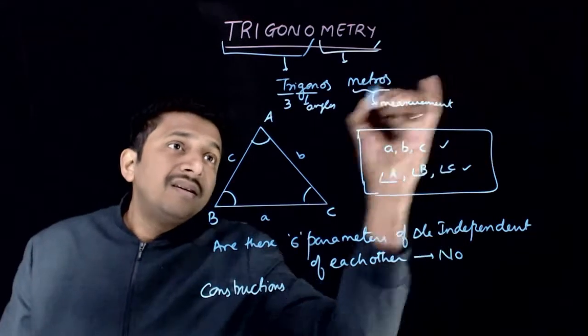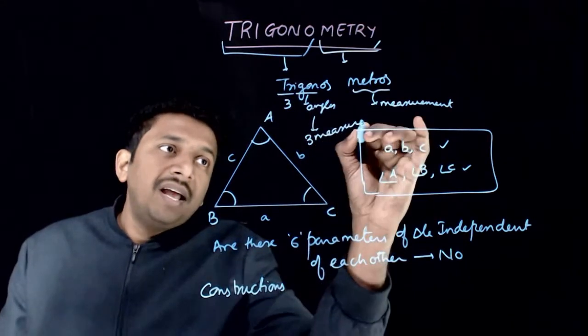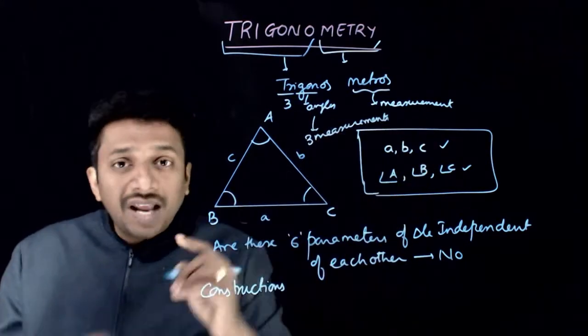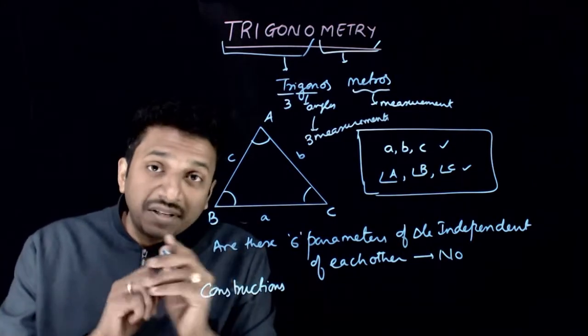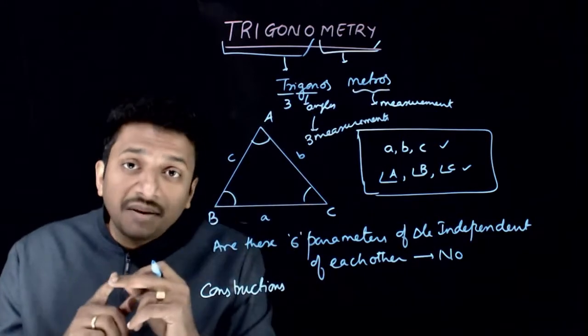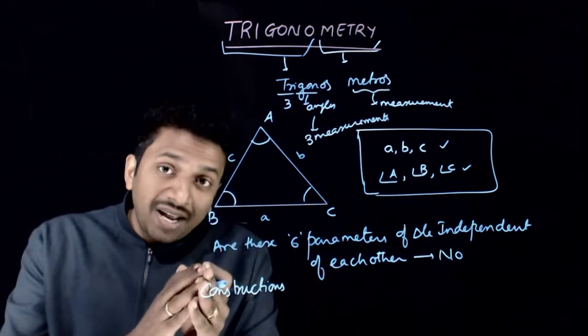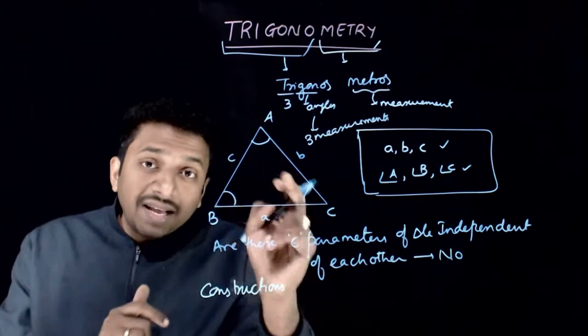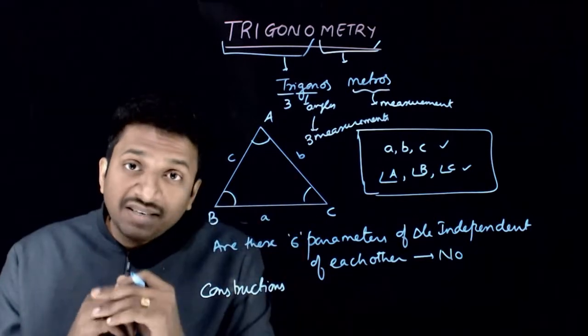So for a triangle, you need three measurements. That is, if you are given three measurements of a triangle, the triangle gets fixed and all the other parameters get fixed. If you are given three sides of a triangle, you can actually construct the triangle. And once you construct the triangle, I don't need to give you the three angles. The three angles can be measured by you from these sides.